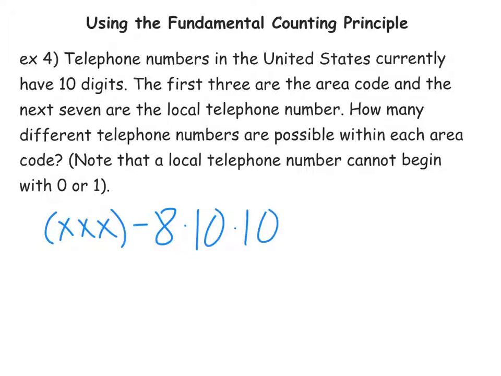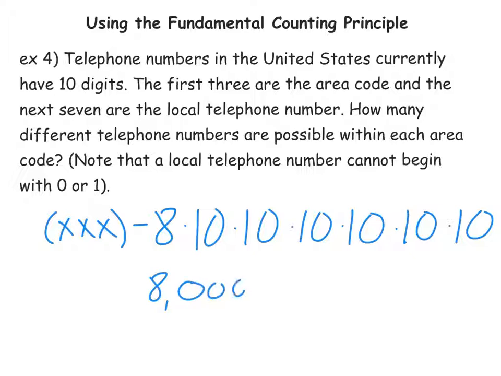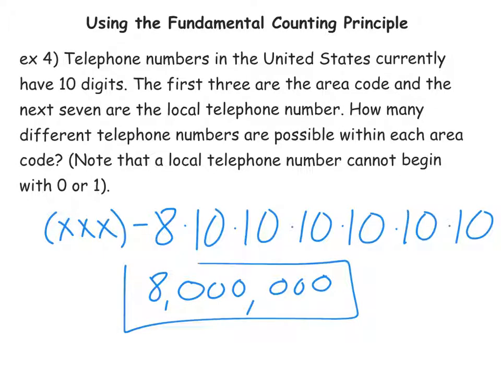Realistically we need 4 more 10s, because after the 8 we should have 6 more digits total. It just becomes a counting principle. You could multiply all those. Obviously, 8 times 10 to the 6th power is the quickest way to get it, but it leaves you with 8 million different possible phone numbers.